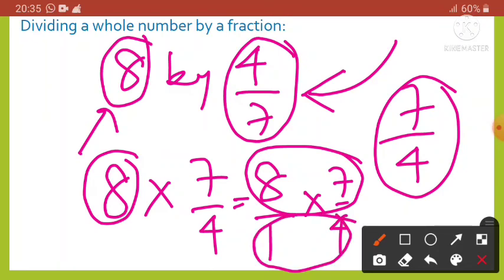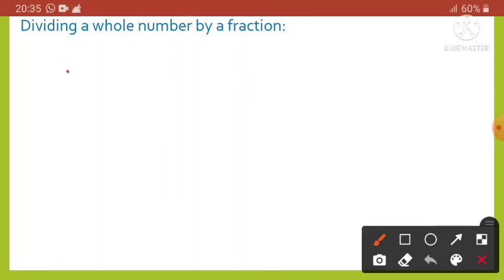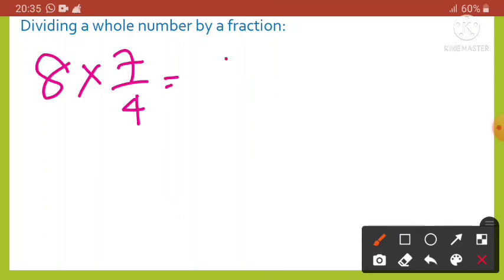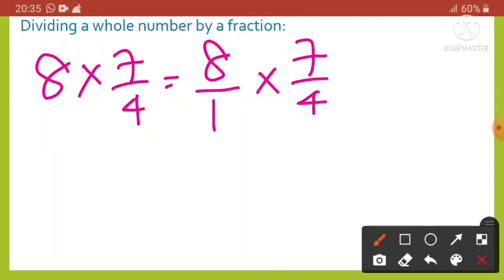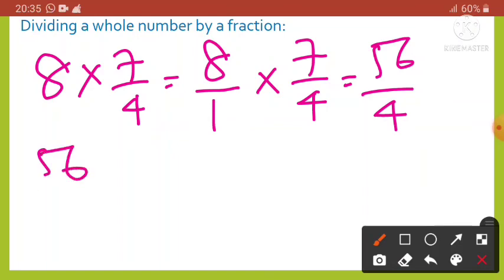So 8 by 1 multiplied by 7 by 4 gives us 56 by 4. Now we have to convert it into the short form.